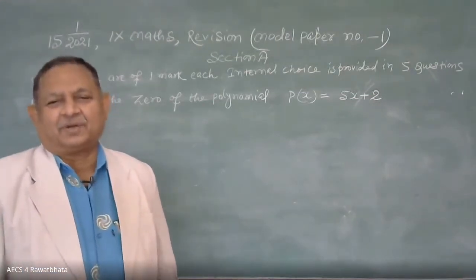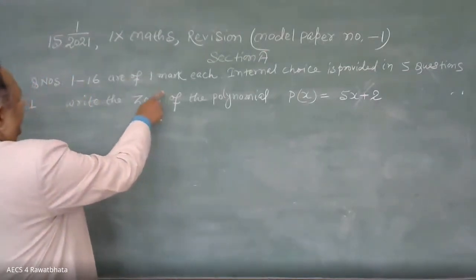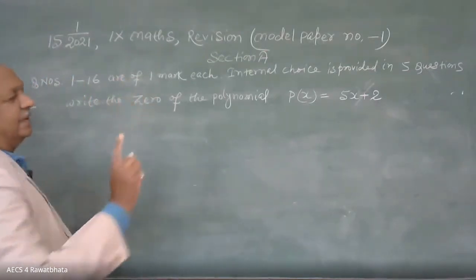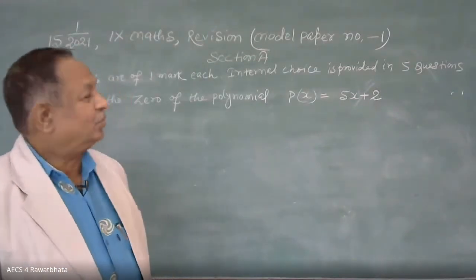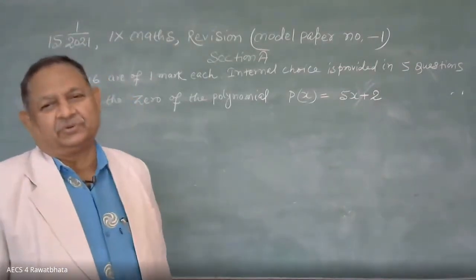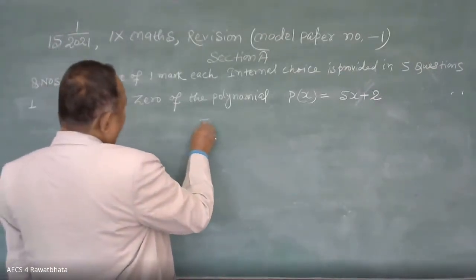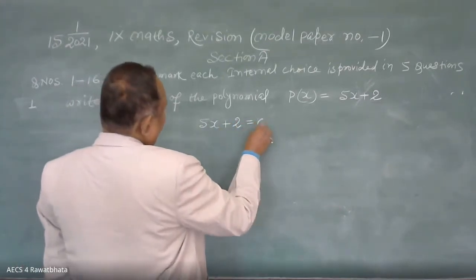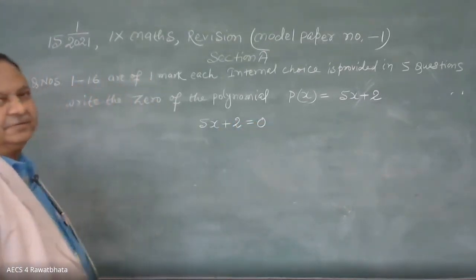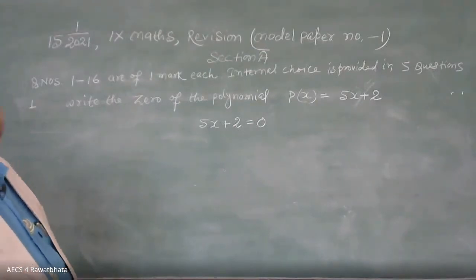So it is minus 2 by 5. Zero means the value of x which makes the whole polynomial equal to 0. So you put 5x plus 2 is equal to 0. Then find the value of x.